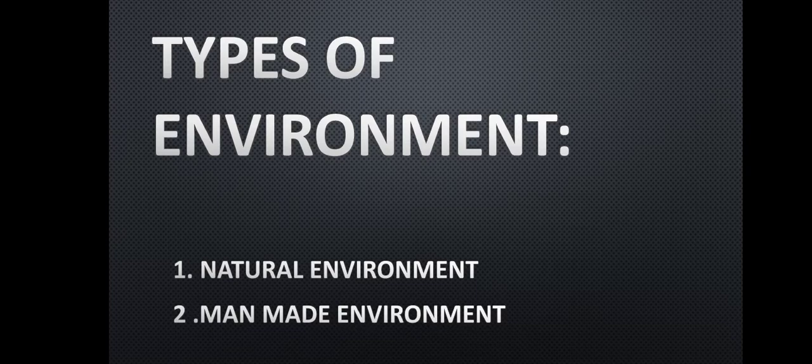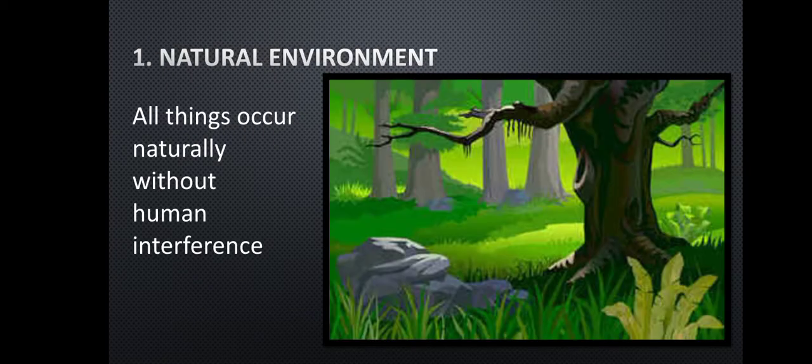Now come towards the types of environment. We have two types of environment. Number one, natural environment. Number two, man made environment. Natural environment.